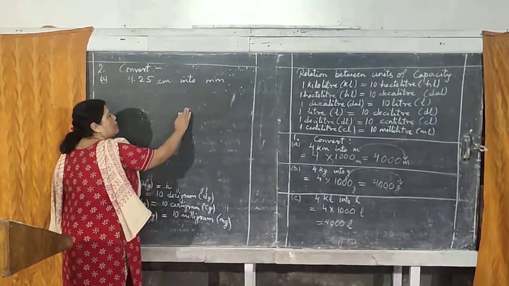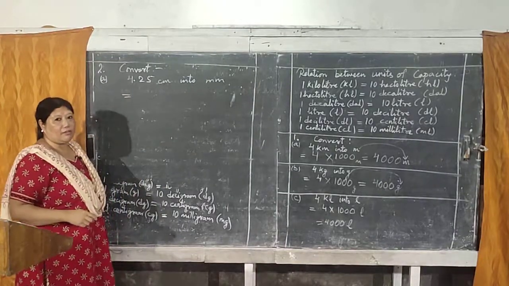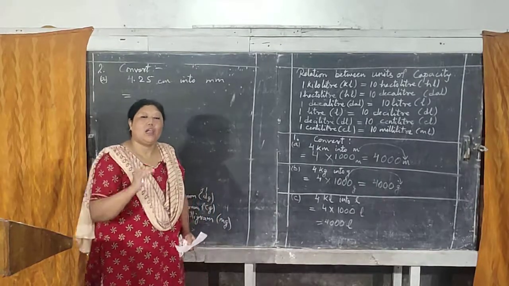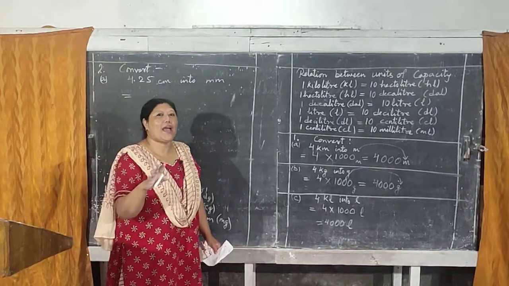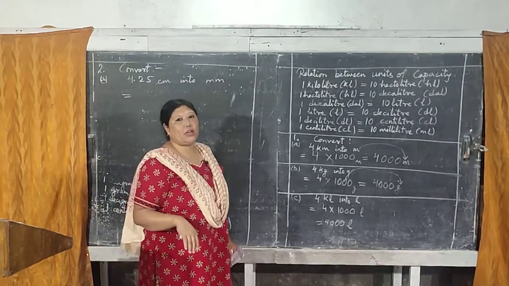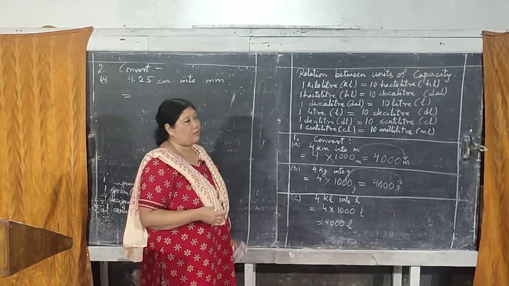Centimeter into millimeter. Okay. So this is a decimal number. Now I have done percentage, decimal, fractions, everything. Why I did? Because of these only. Now you will get decimal number, other things also. Okay. Now you should be able to convert also.